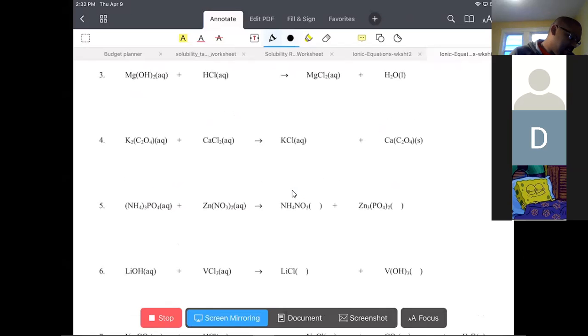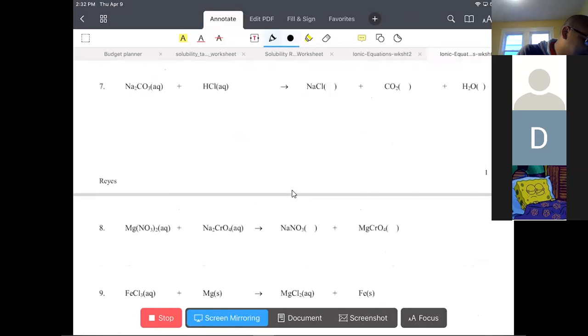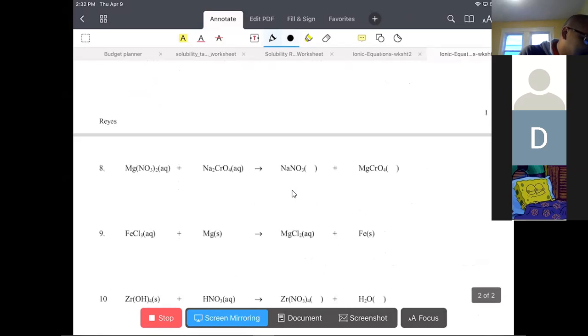I want to bring in problem 5. I'll do 2 more, I guess. I'll do problem 5, and then I'll also do one of the ones on problem 12.